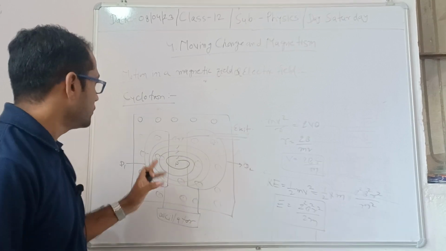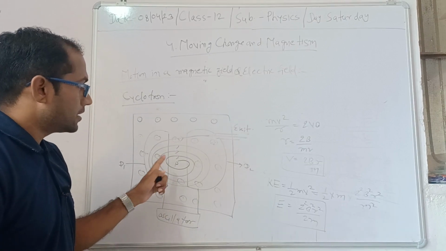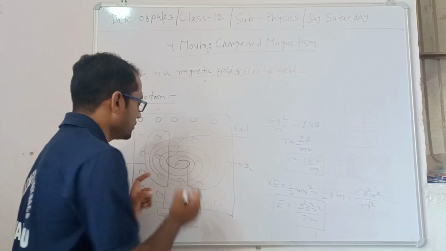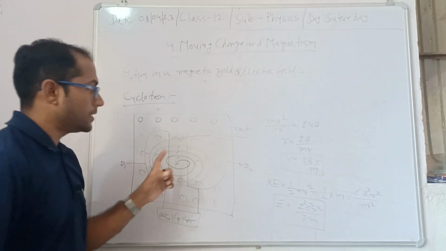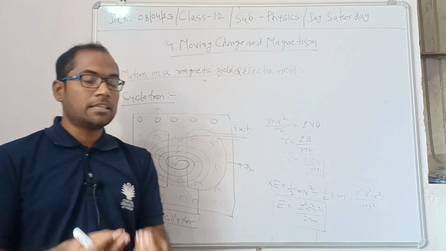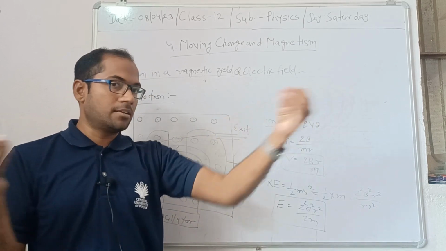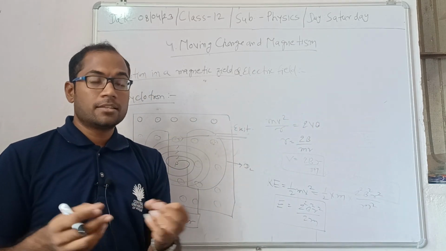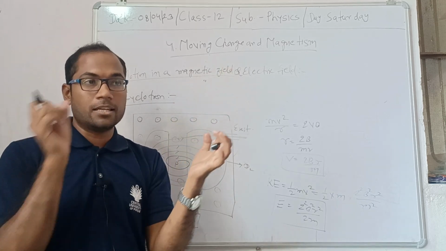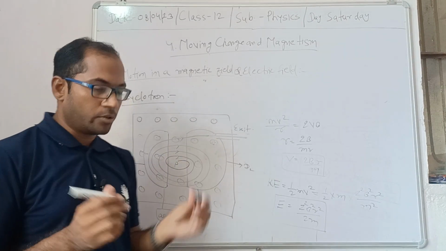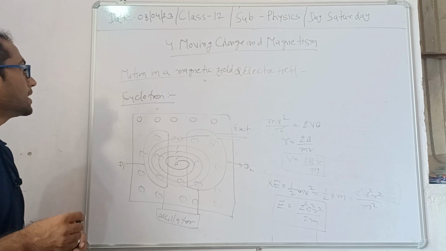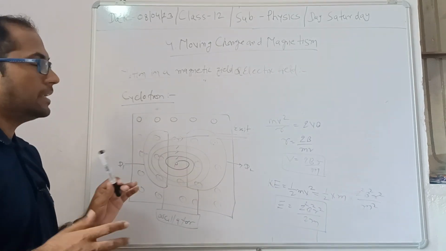Using this cyclotron, the elementary particles have very high energy, and then we easily collide both particles, and in the nuclear reaction a large amount of energy is generated.